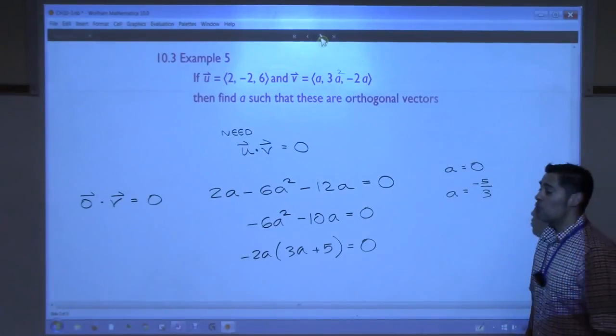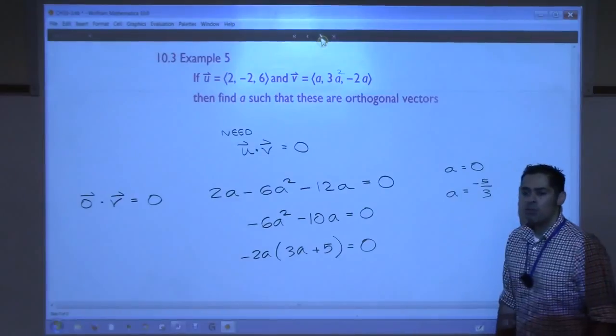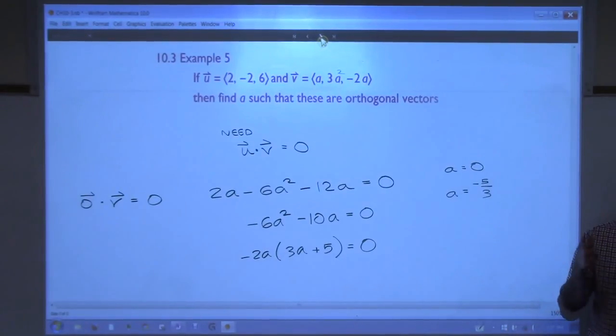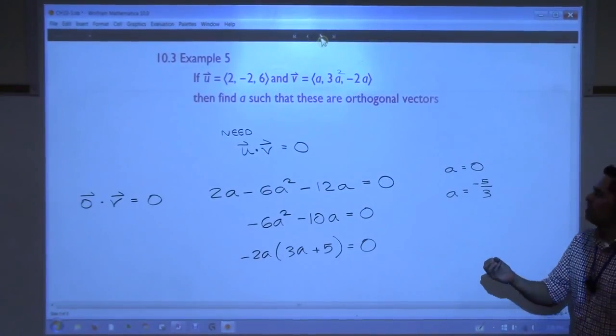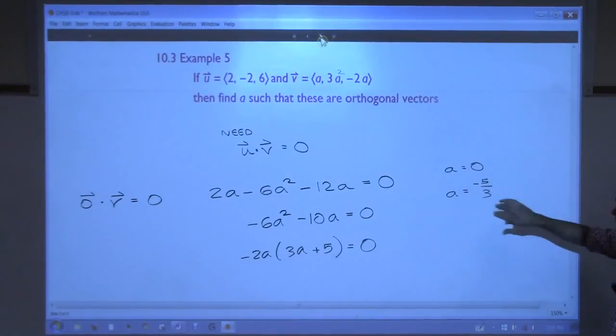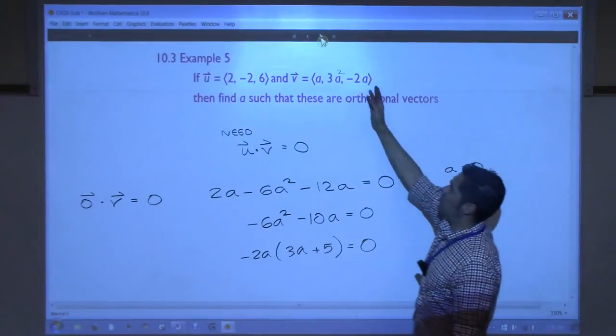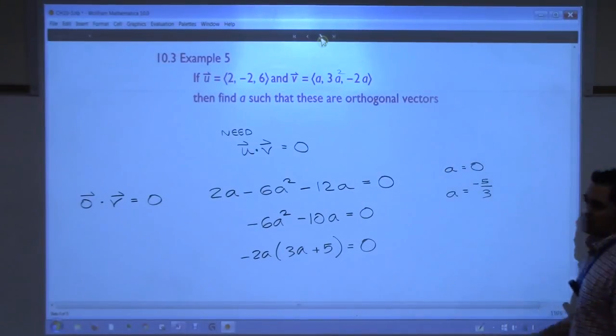That's weird, though. So when we talk about orthogonality, we always say two non-zero vectors are orthogonal if and only if dot product is 0. So we always want to be playing with vectors that are not the 0 vector. The fact that this happens isn't a surprise. If we just make this the 0 vector, we're always going to get dot product of 0.